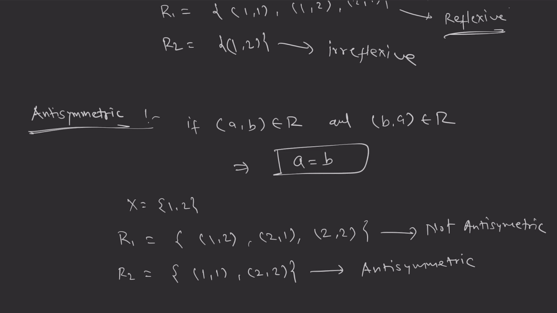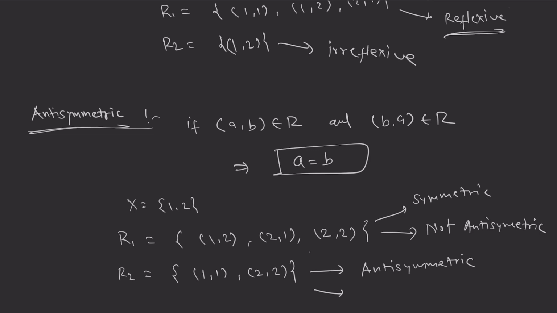Now look, here you can see that 1 comma 2 is there and 2 comma 1 is there. For a symmetric relation, if a comma b is there, then b comma a is also there. So here 1 comma 2 is there, so 2 comma 1 is also there, so R1 is symmetric. But is R2 symmetric?